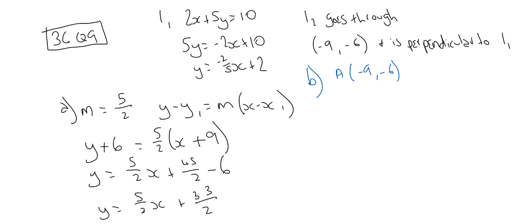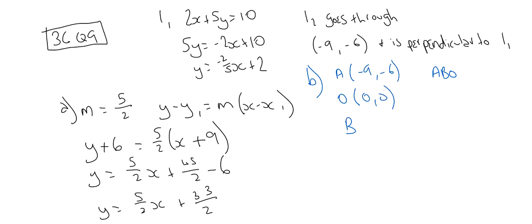So the triangle is ABO, and O is actually the origin. The problem here is that we don't know B at the moment. We do know that line 1 and line 2 intersect at B, so the first thing we need to do is find B, because that's going to help us. I'm going to draw this triangle in a minute, because that's the tricky bit to picture. But for now, let's try and find B.